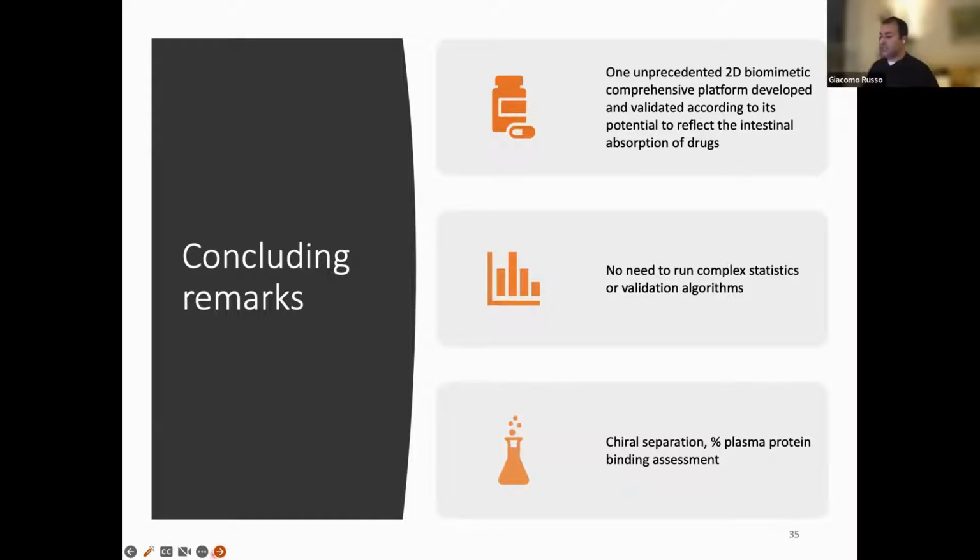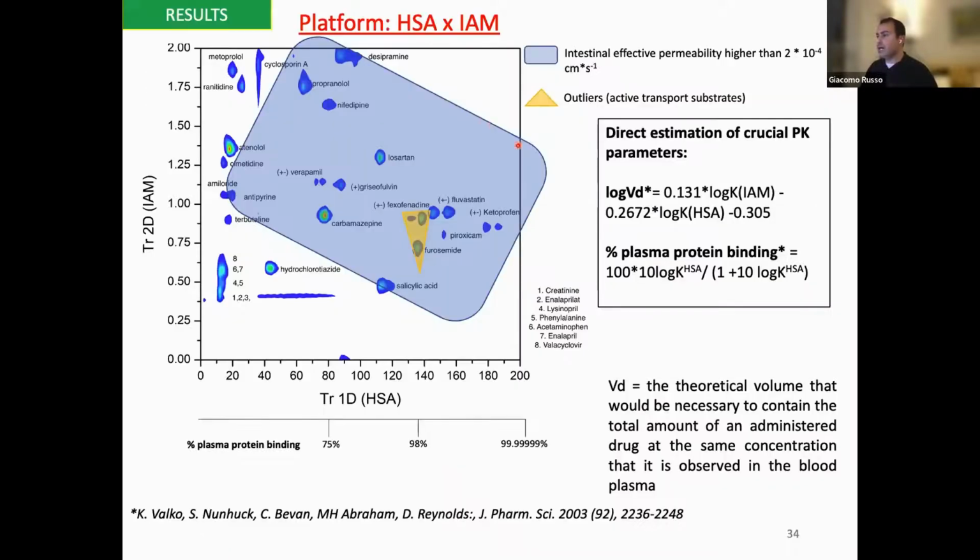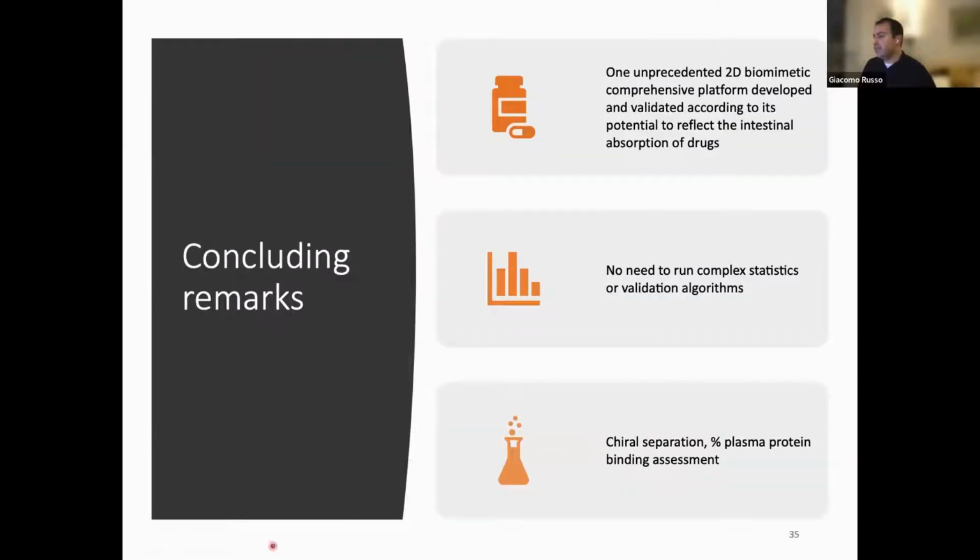What is advantageous here is that essentially you don't need to run any sort of complex math or algorithm, because you are essentially studying the place where the compounds elute according to this technique. And we could also have some nice analytical outcomes, for instance, chiral separation and the assessment of plasma protein binding.